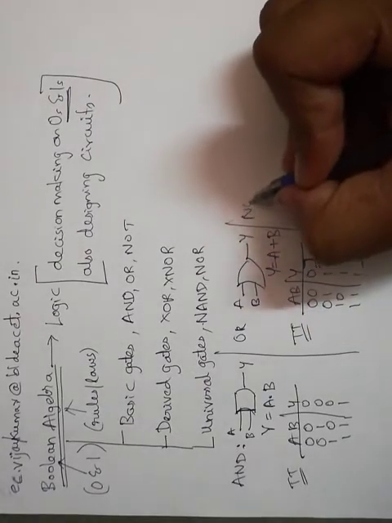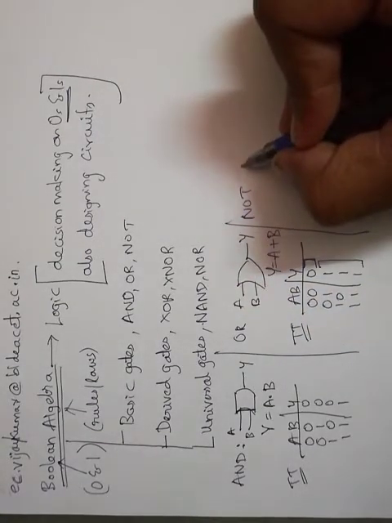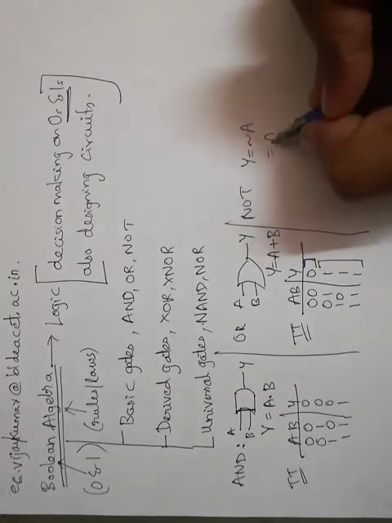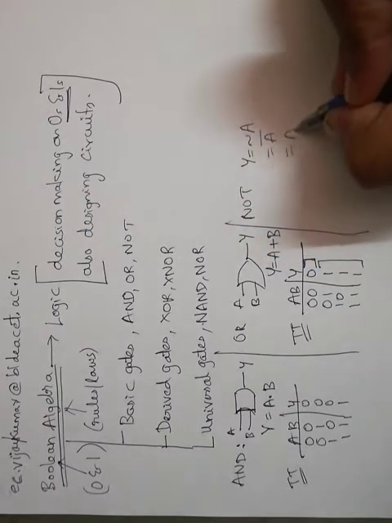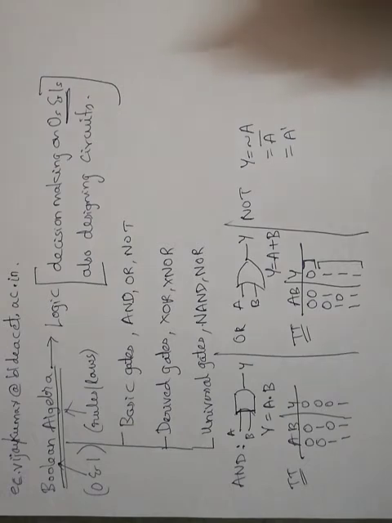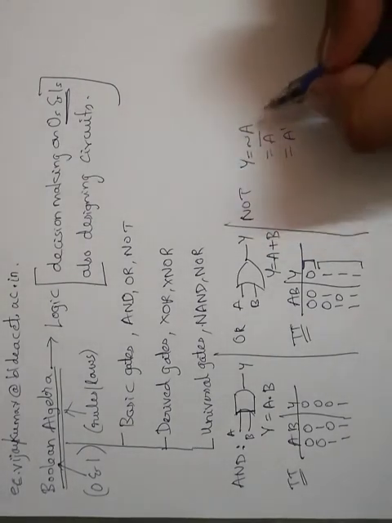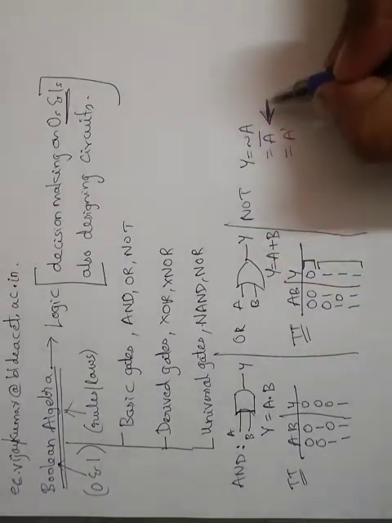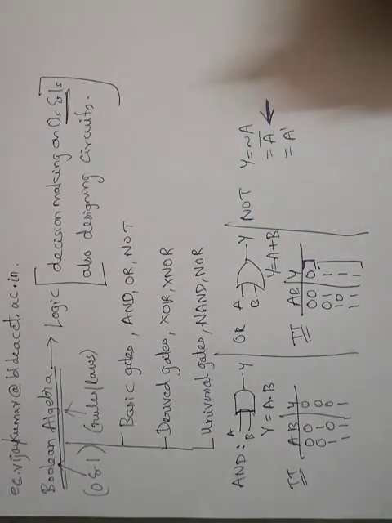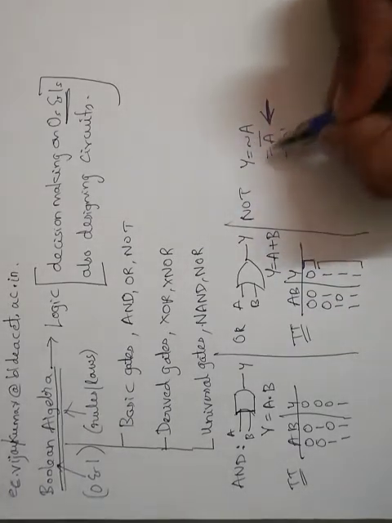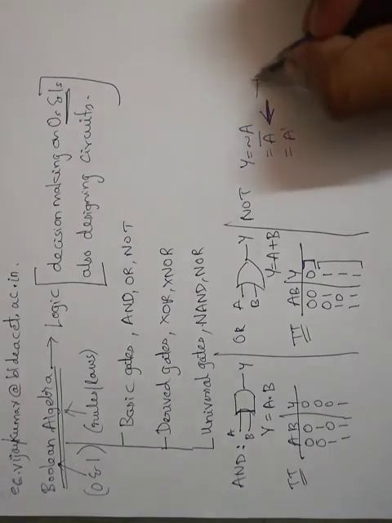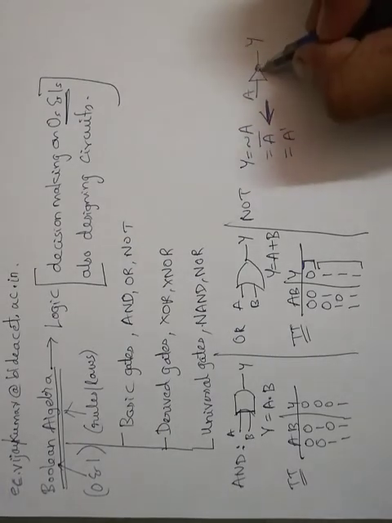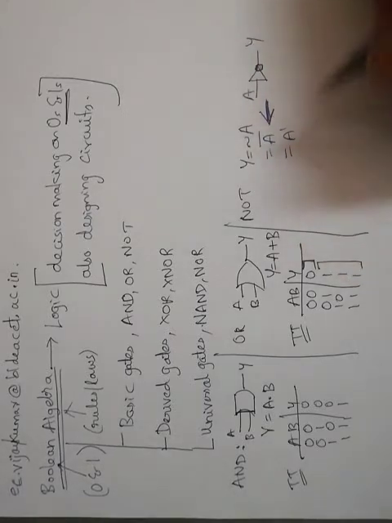Lastly, the NOT gate, written as y equals not of A. Many different methods are there: tilde sign, bar sign or tick sign. Most commonly used is a bar, a line over A, also called A bar. Y equals not of A or A bar, symbol is a triangle followed by a circle.